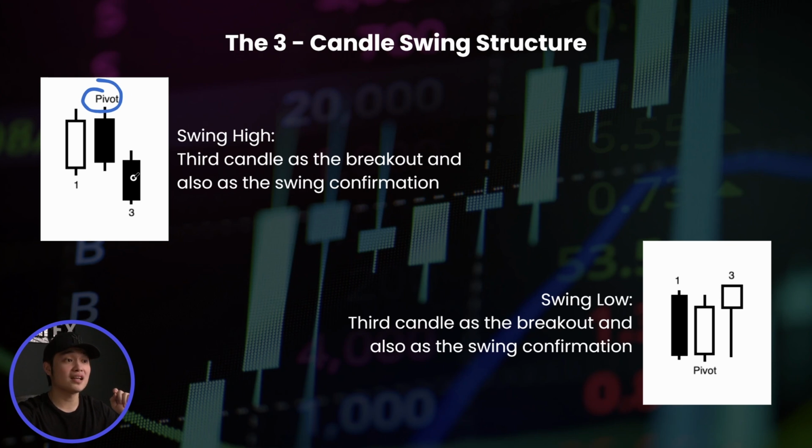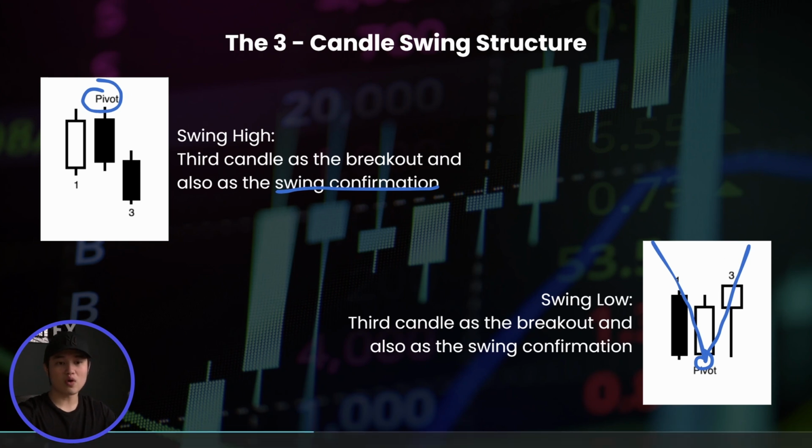And the third candle is the swing confirmation. For the swing low, the pivot is number 2, which is at its lowest point. This is the lowest point, so the price is going to make a move like this. Of course, the third one is the confirmation for the swing low validation.